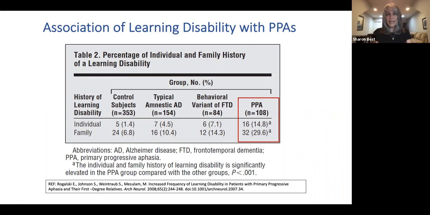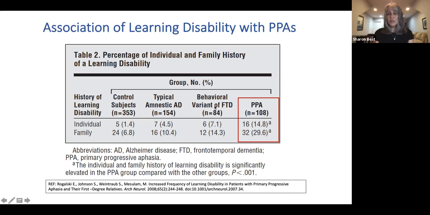Now, Marcel Mesulam also did a very interesting study back in 2008, where he found that patients with PPA had a very high association of having a learning disability in their past, and/or their first-degree relatives had a learning disability. So about 15% of patients with PPA were found to have a learning disability, and 30% of their first-degree relatives reported having one. That means a problem learning to read or learning to do math, whatever.